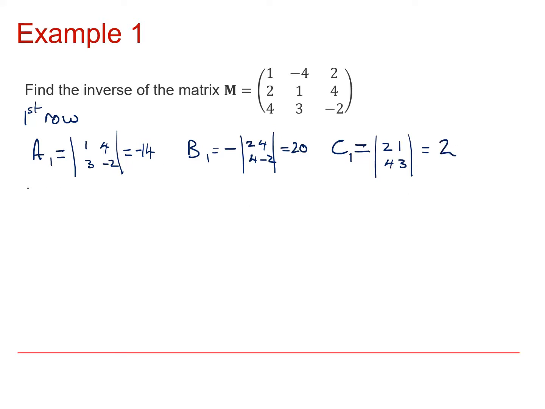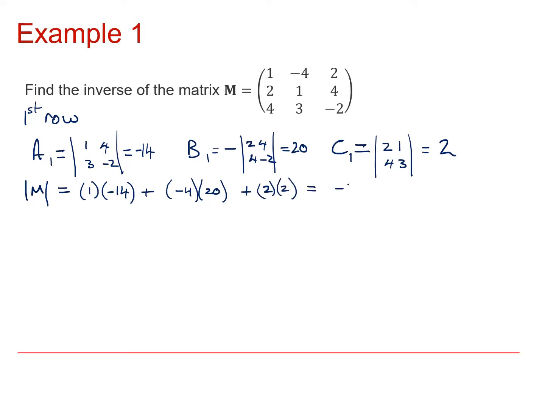And so now if we look at the determinant of M, I get A1 times 1, so that's going to be 1 times minus 14, plus B1 times 2, which is minus 20 times 4, plus C1 times 2, which is 2 times 2.